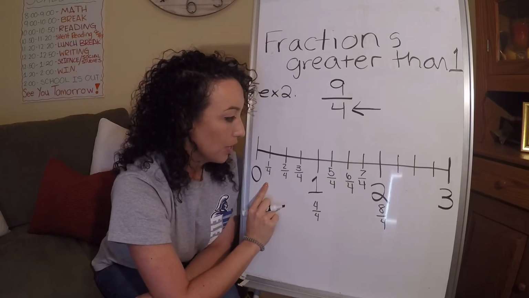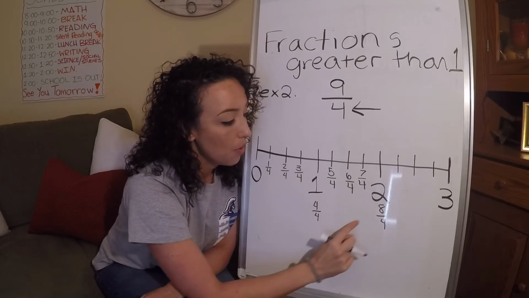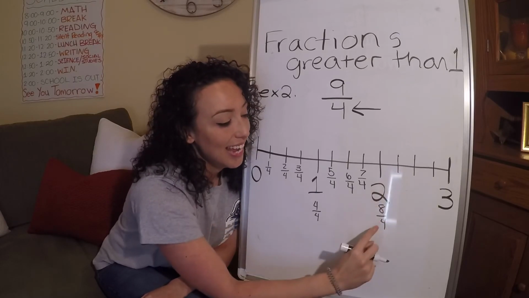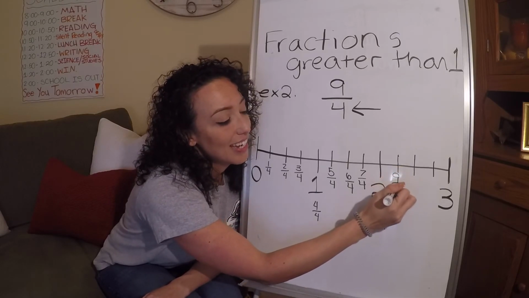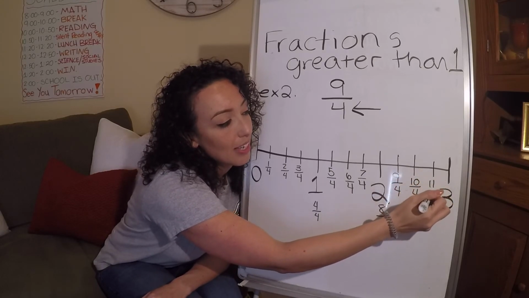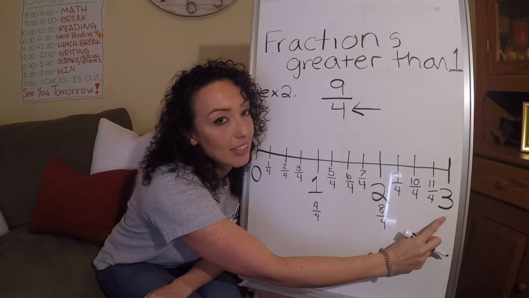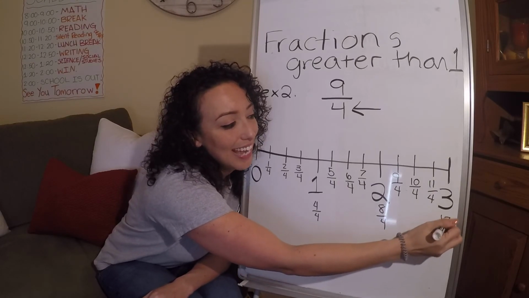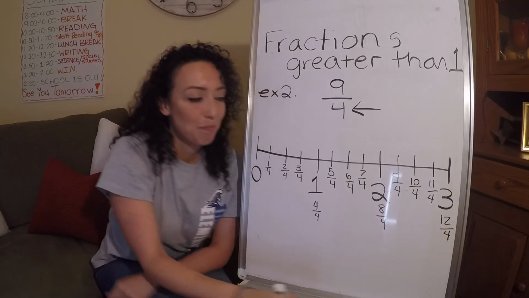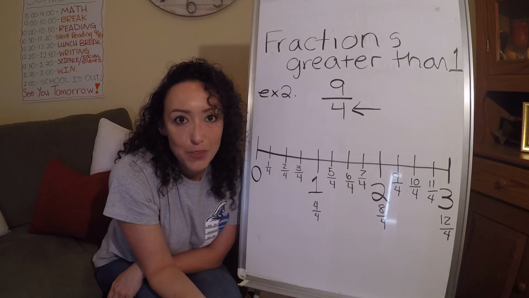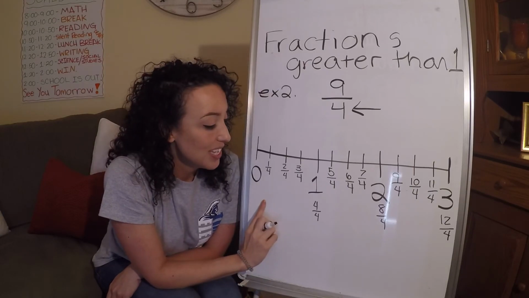We started at 1/4, and we've been going all the way down the number line, and we stopped at 8/4. 9/4, 10/4, 11/4. What's that gonna be? And it's 12/4.